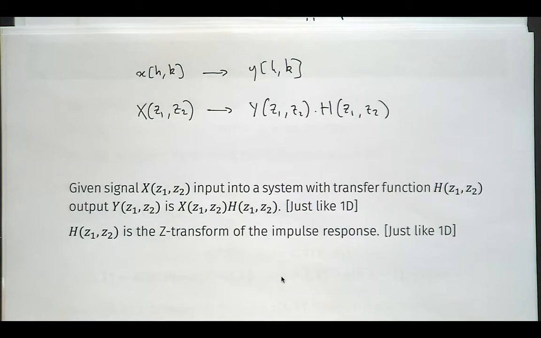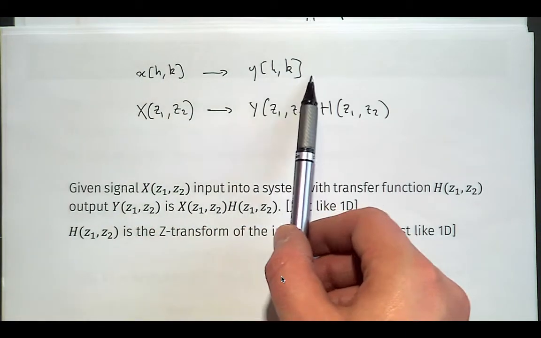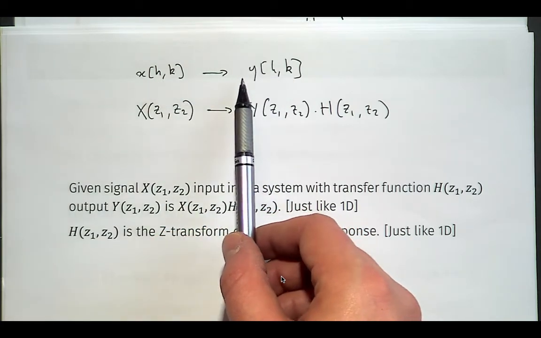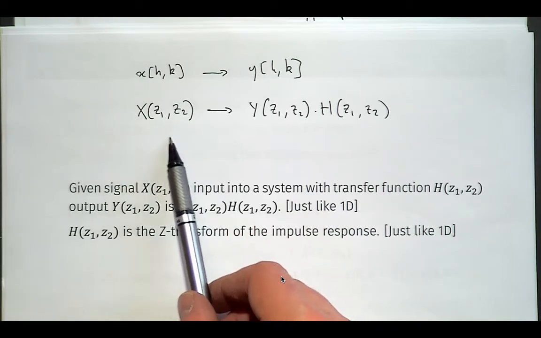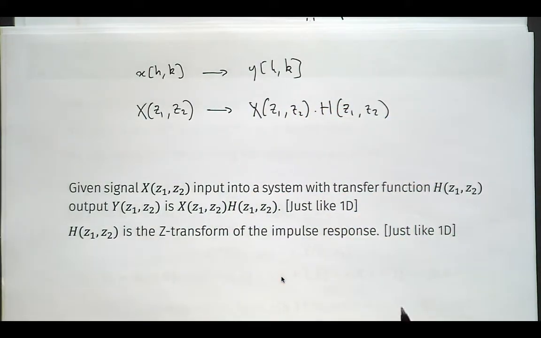All right, so in your discrete domain, you have 2 pictures. One is the result of a linear system, so your convolution. And in the Z transform, you have this polynomial.